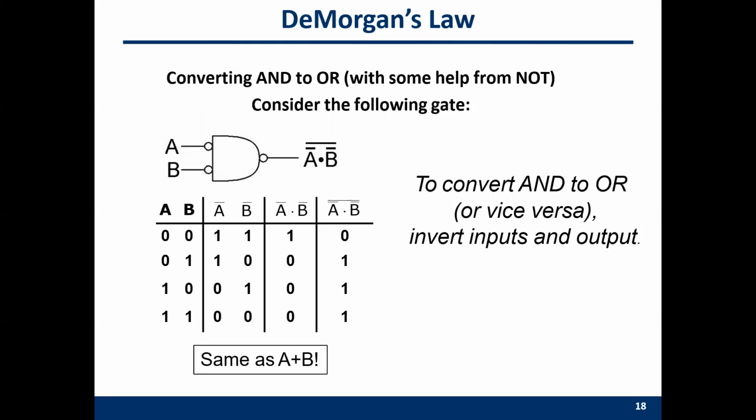The most important law here, I think, is the De Morgan law. So you can see the De Morgan law like this. So this value is actually equal to A plus B, A or B. How can you prove that?